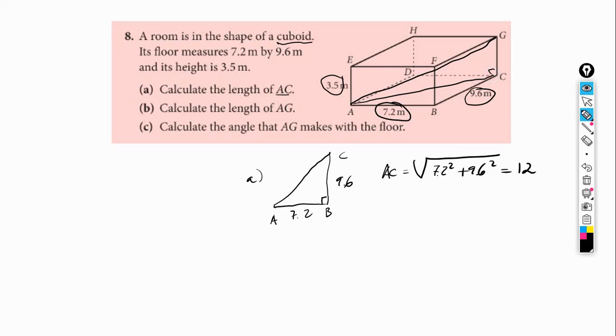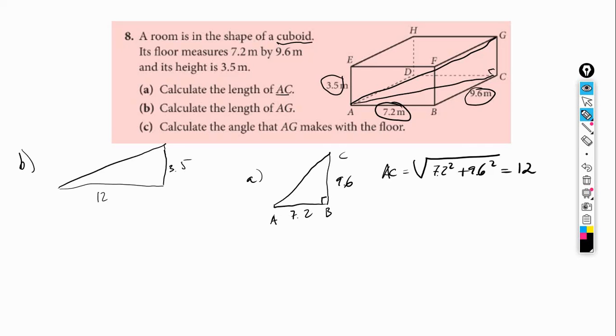Notice that we can draw that. Let's draw it over here. So this is B. We can draw that as a right triangle. Notice that its base is 12, which is the length we just found. Then the height would be 3.5, and we need to find the hypotenuse again.